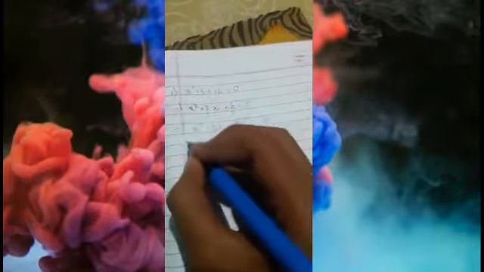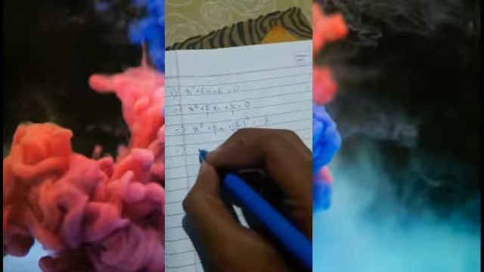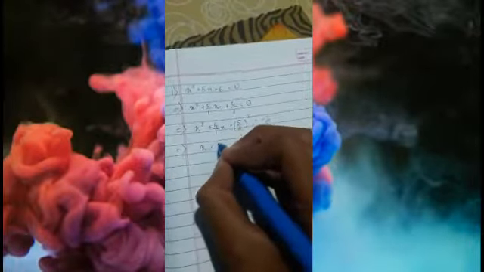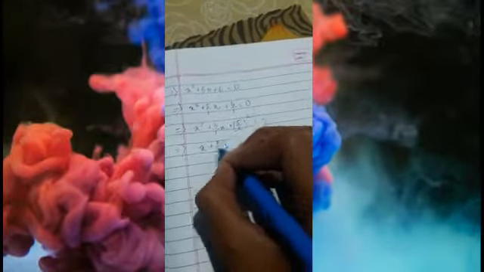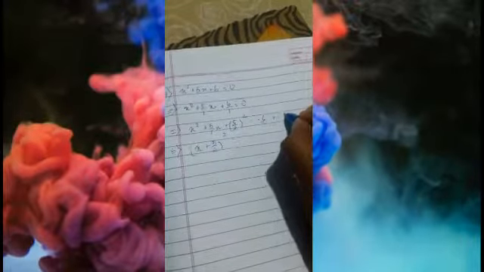It implies that x square plus 5 by 1x plus 5 by 2 whole square equals minus 6 by 1 plus 5 by 2 whole square. Then this becomes x plus 5 by 2 whole square.